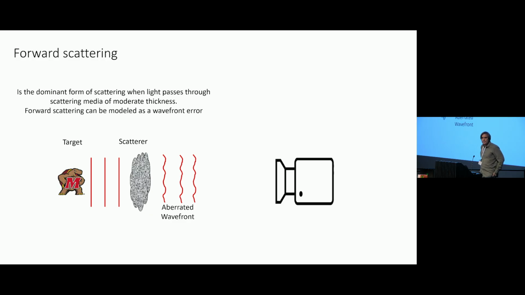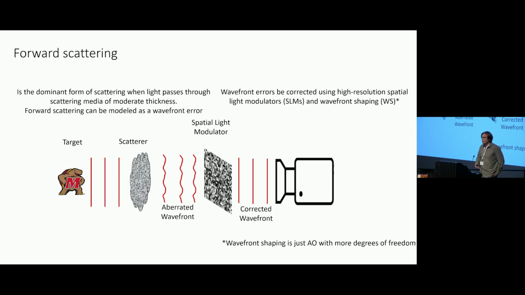Similarly, a similar problem plays out in forward scattering. There's a regime in scattering where you can essentially treat light passing through a scattering media as experiencing a phase delay. It's a very irregular, high-resolution phase delay, but that's a useful simplification for the system. And just like with adaptive optics, if we put a spatial light modulator into the system and exactly delayed what was advanced and advanced what was delayed, we could recover a nice sharp image through the scene.